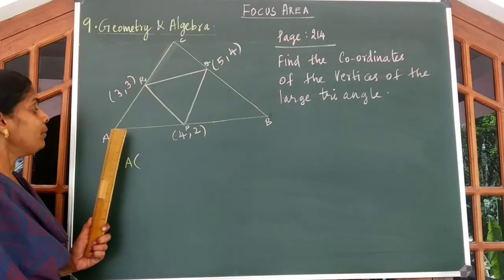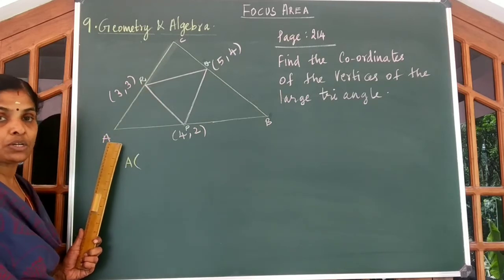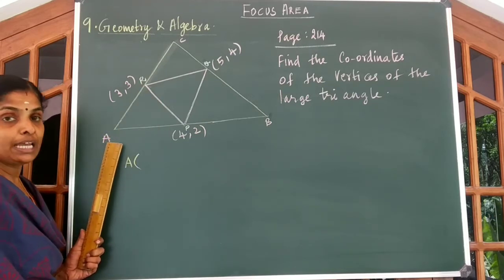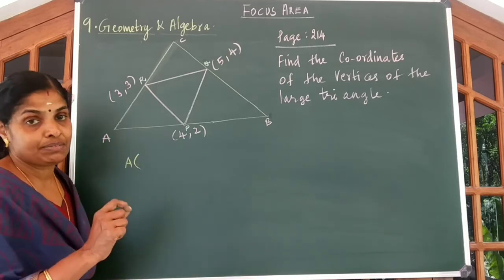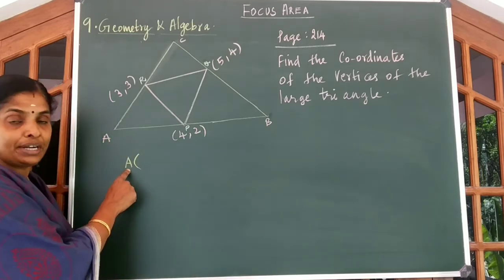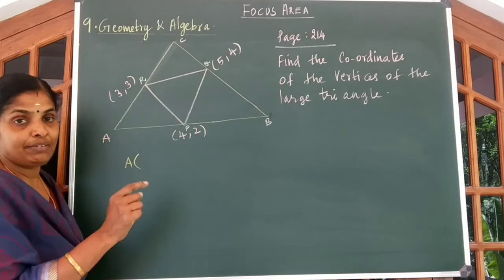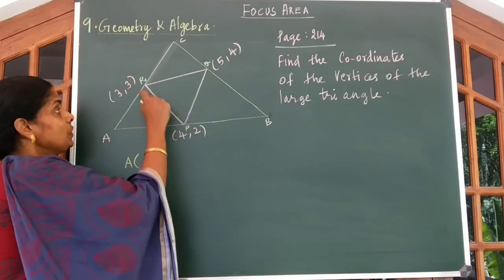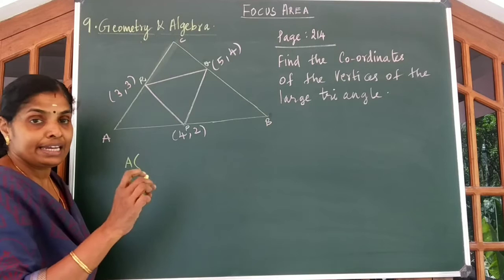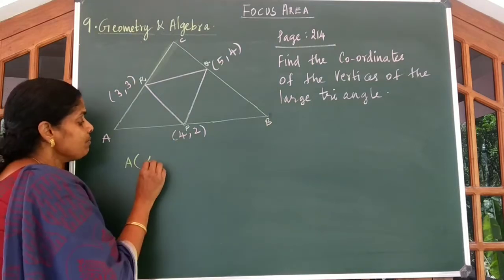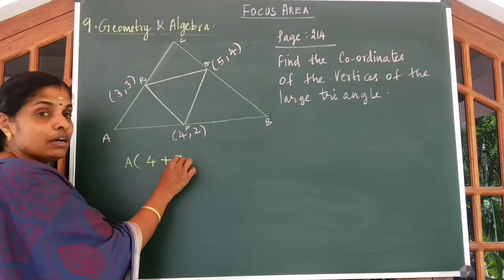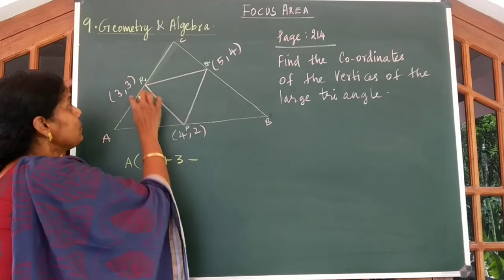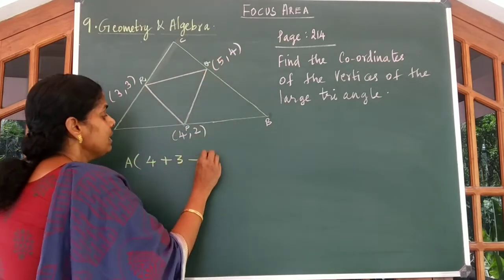Okay. Now to find the fourth vertex of this parallelogram, we can use our idea which we have studied. To find the coordinates of A, what you have to do is add the two given diagonal values. We can add 4 plus 3, from which we have to subtract 5.